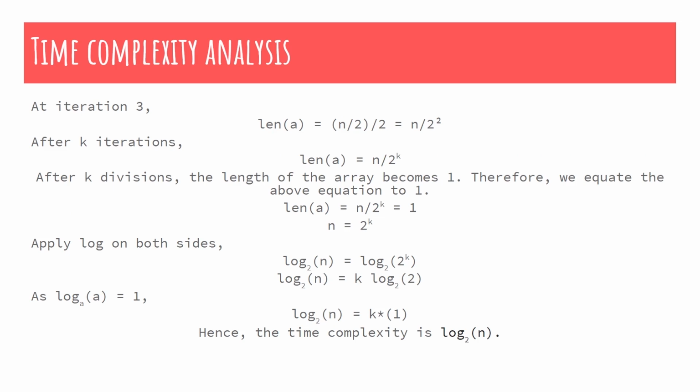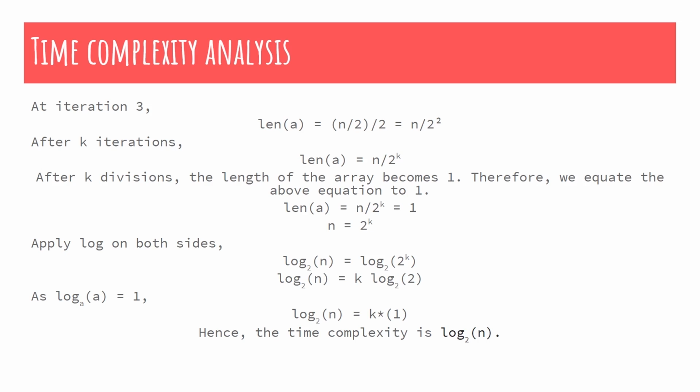After k divisions, the length of the array becomes 1. Therefore, we equate the above equation to 1. Now the equation reads as length of a is equal to n by 2 to the power of k, which is equal to 1. Again, we further simplify it as n is equal to 2 to the power of k. Applying log on both sides of our previous equation, we get log of n is equal to log of 2 to the power of k.